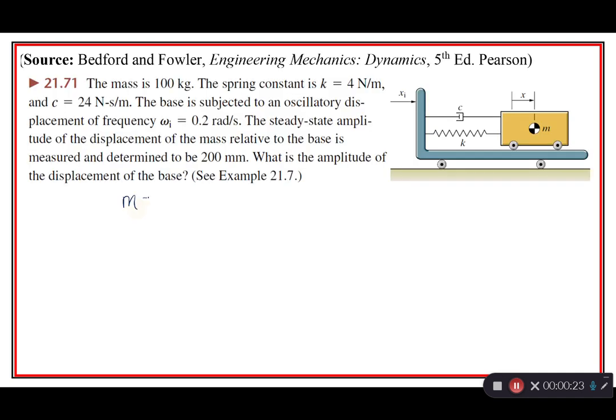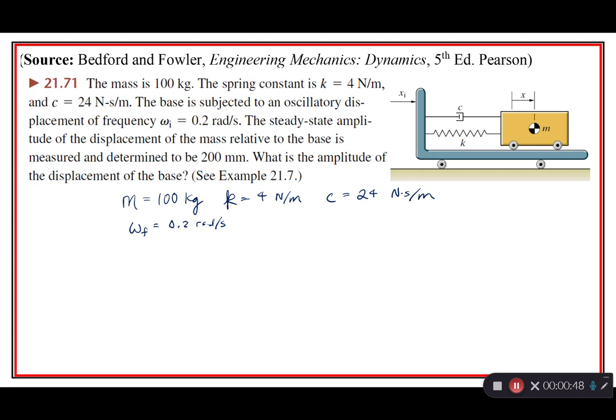We get a mass that's equal to 100 kilograms and a spring constant that's equal to 4 newtons per meter and a damping coefficient of 24 newton seconds per meter, and the base is subjected to an oscillation of 0.2 radians per second.